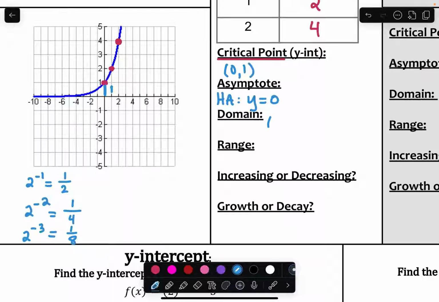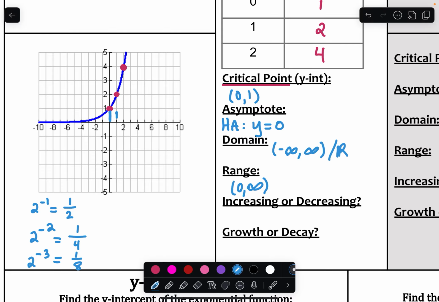The domain for exponential functions is all real numbers. And then the range is going to be the numbers that are greater than 0, so from 0 to infinity. It's bounded by that horizontal asymptote. This function, y equals 2 to the x, is an increasing function.